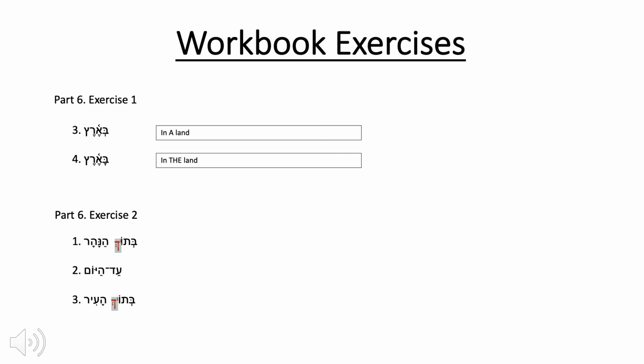He will run away any opportunity that it gets. When it runs away, it leaves behind its vowel, which takes the place of the shva under the beit. Thus we get beit plus a kamets, in the land, the kamets being the vowel indicating that this is the definite article. Let's move on now to exercise number 2.